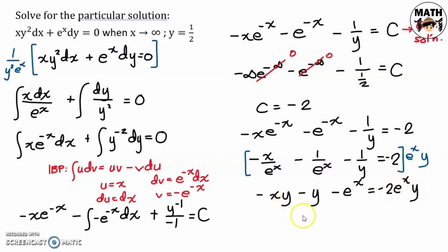Then dividing the whole equation by negative 1, we have now the final answer xy plus y plus e raised to x equals 2 e raised to x y, or the particular solution given the initial condition when x approaches infinity, y is equal to 1/2.